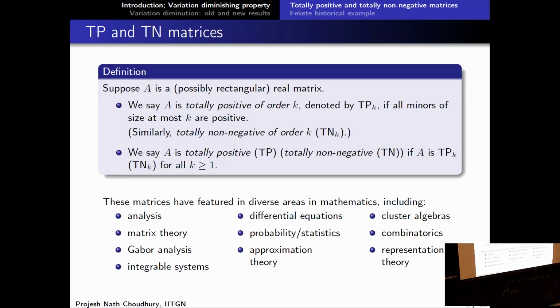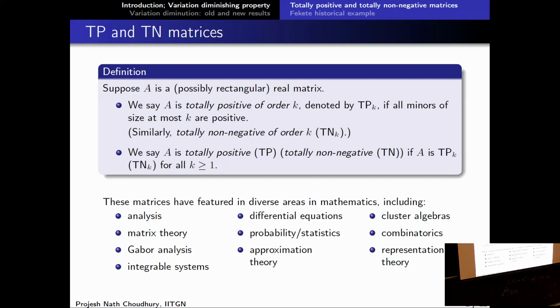So basically it is true for all k greater than or equal to 1. Similarly, one can define totally non-negative matrices. In the previous talk, the definition was for totally non-negative matrices, and totally positive means all minors are positive. These matrices occur widely in diverse areas of mathematics and are listed here.